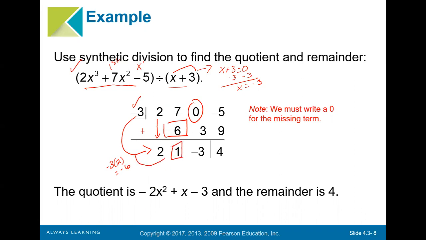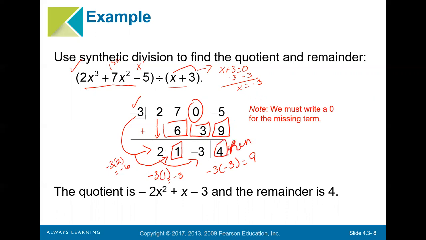And then we say, -3 times that +1 gives me -3. Now we say 0 plus that -3 gives me -3. Now -3 times -3 gives me +9. Now -5 plus 9 gives me +4. So this is my remainder.